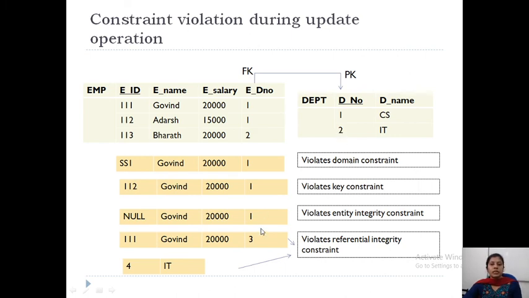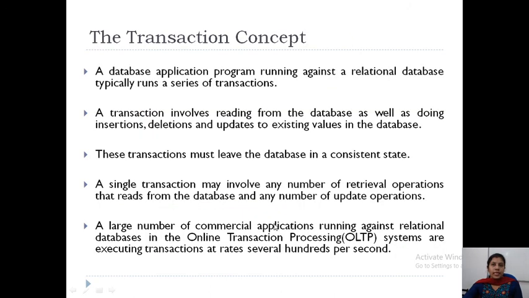So these are the different data manipulation operations, what constraints are violated during these operations, and how you will handle this. So these topics I have covered, and the last topic in this chapter is transaction.